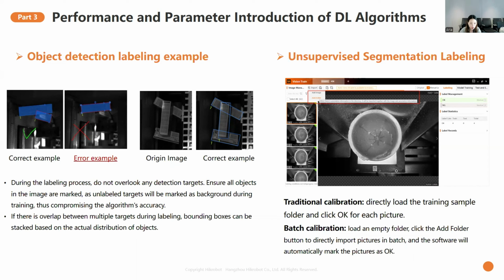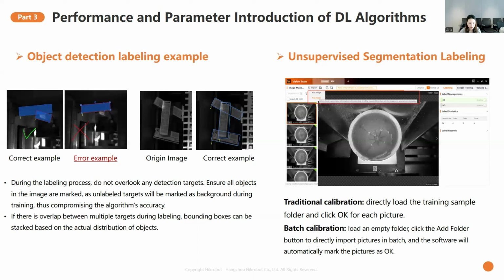For this case, we also put a correct case here. Why? Because sometimes there are multiple objects in one sample image, and they may stick to each other or overlap. In this case, drawing the detection boxes with overlap is acceptable.